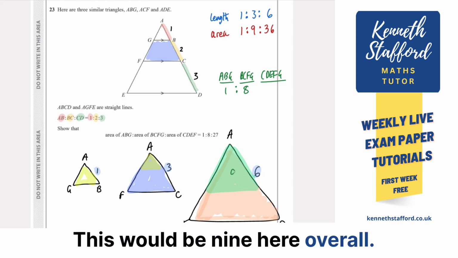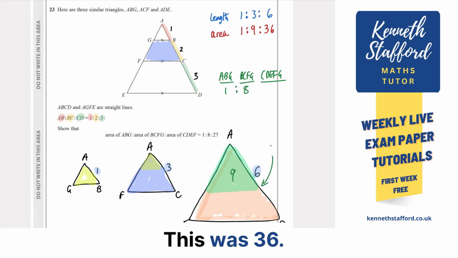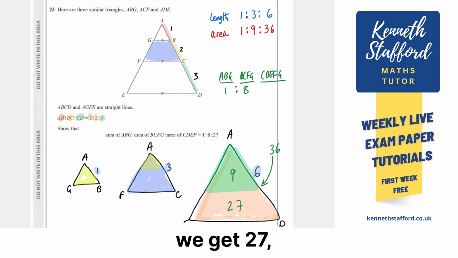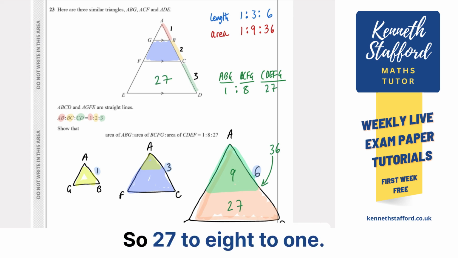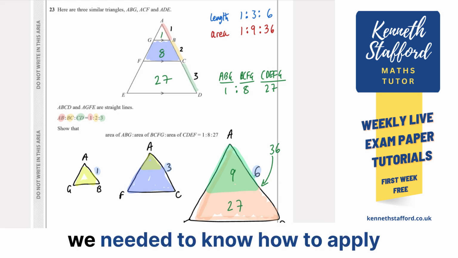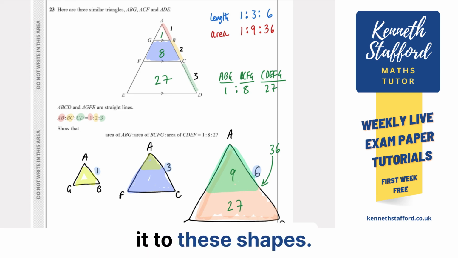This would be 9 here. Overall, this was 36. So if we take away the 9, we get 27, because that is the trapezium CDEFG. This one down here. So 27 to 8 to 1. So not only did we need to know the ratio of their areas, we needed to know how to apply it to these shapes.